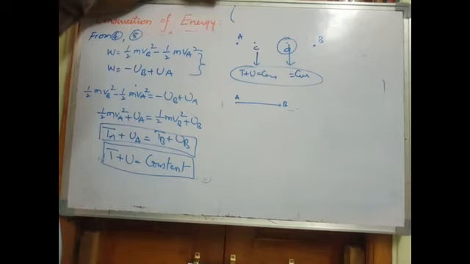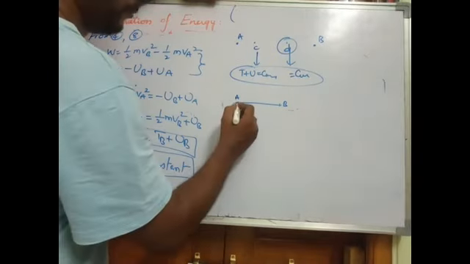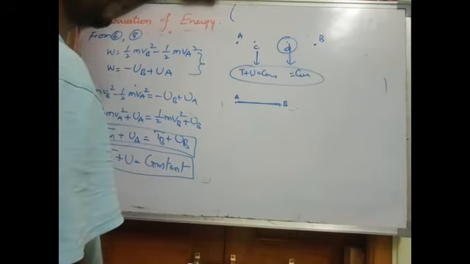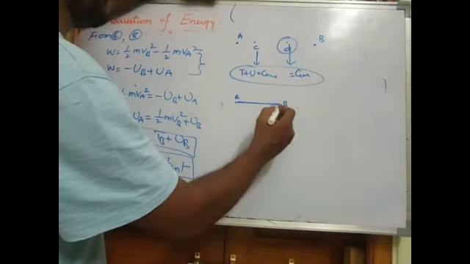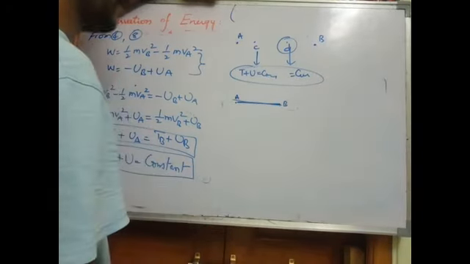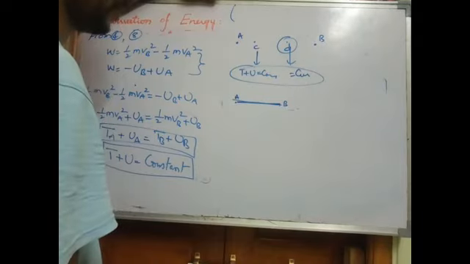The total energy of the particle is the same at all points. This is called conservation of energy. If you move from A to B, we have some energy; if we move from B to A, we have some energy, and the total energy remains constant.